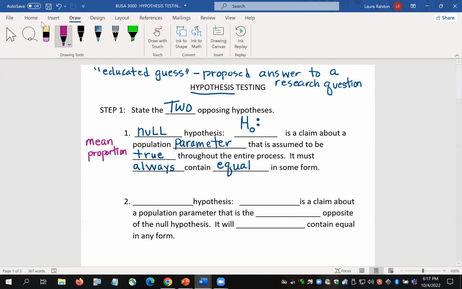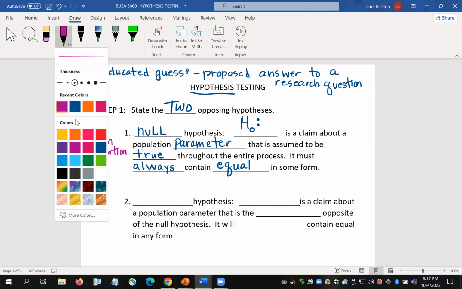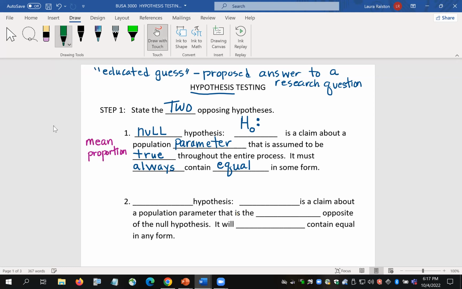Now, it does say that it has to contain equal in some form. And so a lot of questions become, well, what does it mean in some form? Mathematically, that means there are 3 options. Your null hypothesis will either contain the symbol equal, less than or equal, or greater than or equal.